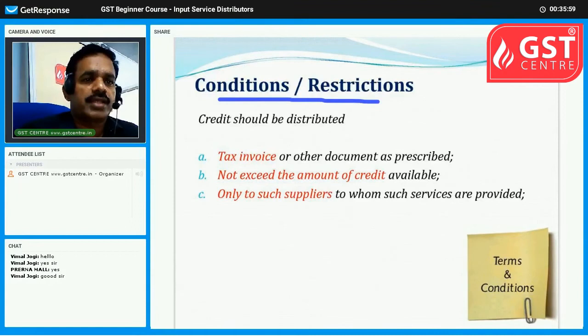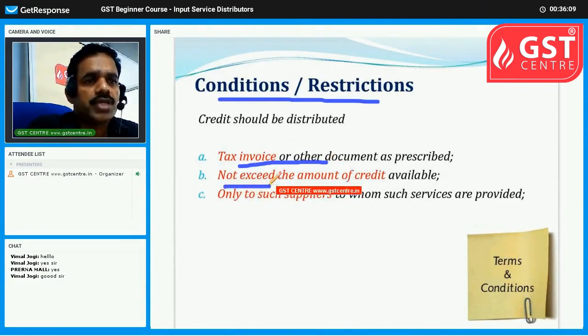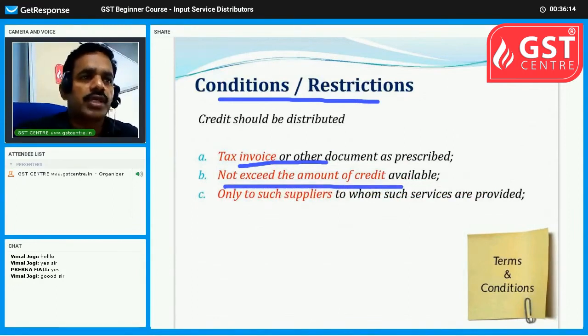The condition is like this: tax invoice or other document as prescribed should be there. Tax invoice should be there, and the distribution should not exceed the amount of credit available. Suppose we got a credit of 2 lakhs. The input service distributor should not distribute 2,50,000, something like that. No, not more than the credit available.